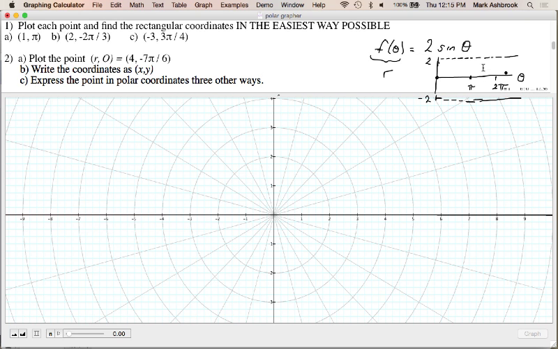So what's this going to look like? When you sketch these graphs, you really break the period up into 4 pieces, right? These waves are broken up into 4 pieces. For this particular one, the period's 2 pi. So we've got pi over 2, pi, 3 pi over 2, and 2 pi.